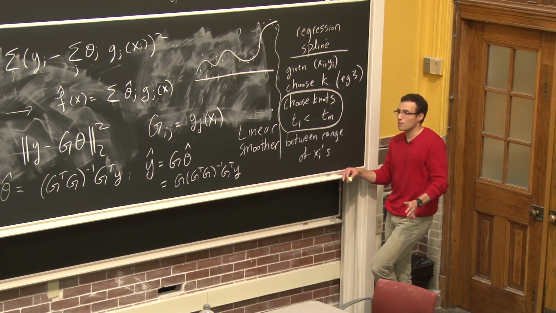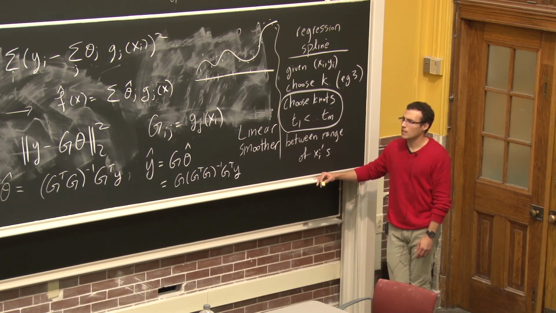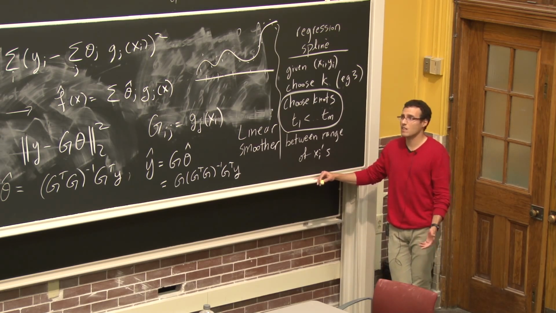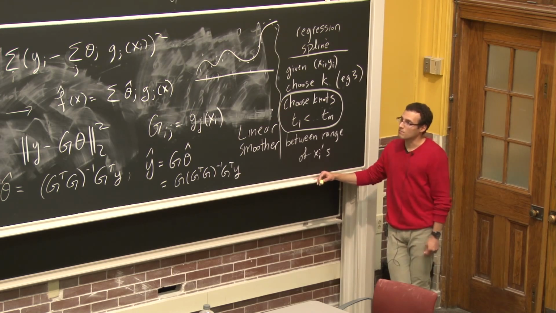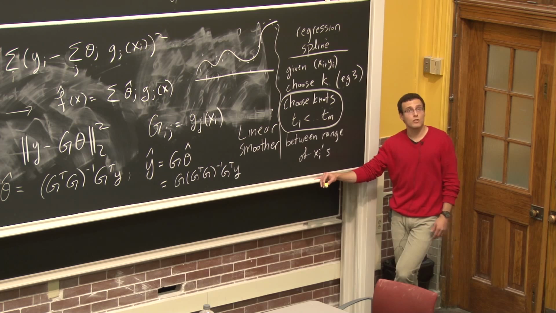Splines are very old. I think they date back to at least the early 1900s, and people had thought about splines in statistics as early as, say, the 1930s and 40s. Through the 50s, 60s, 70s, 80s, people thought about how to choose knots.